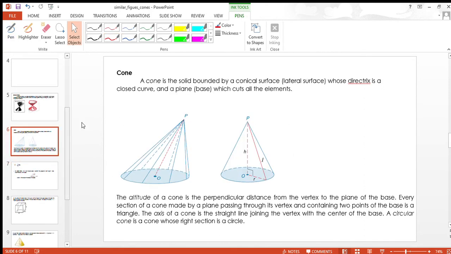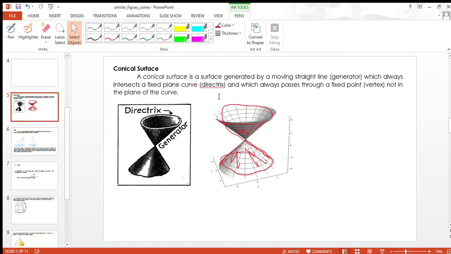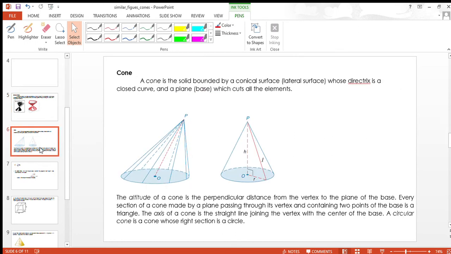Don't worry about the definition of directrix. We will be refreshing ourselves with the definition of that when we get into the conic section. Then, a cone is a solid bounded by a conical surface. Okay, so in these diagrams, where do you find your conical surfaces?